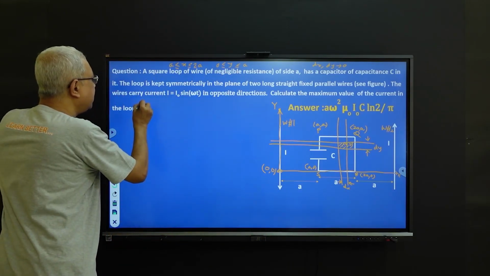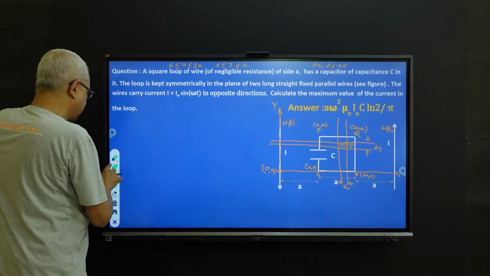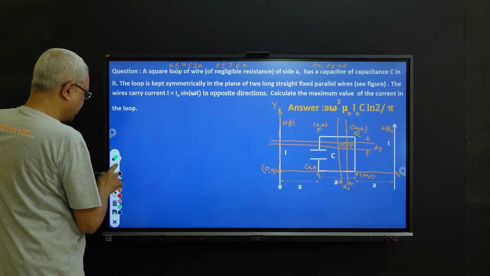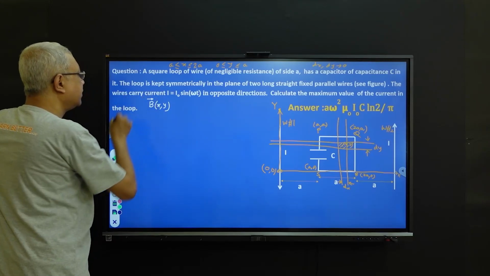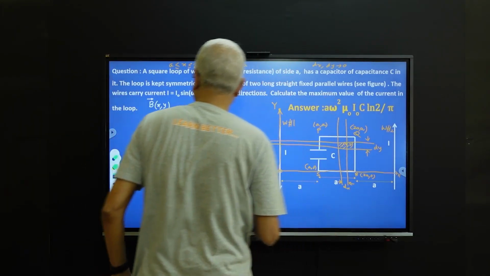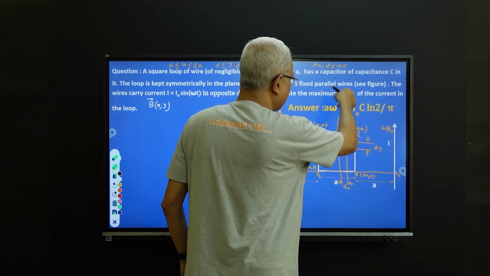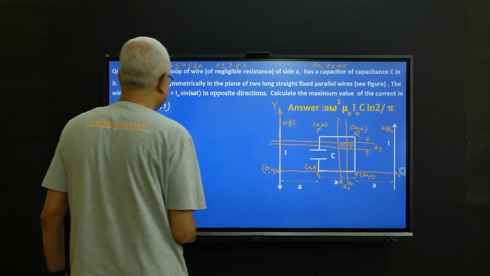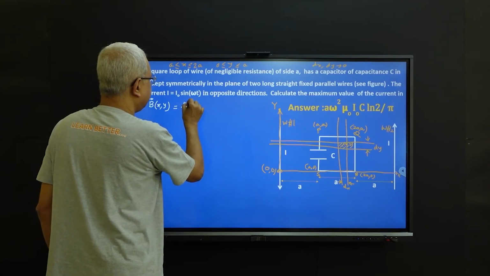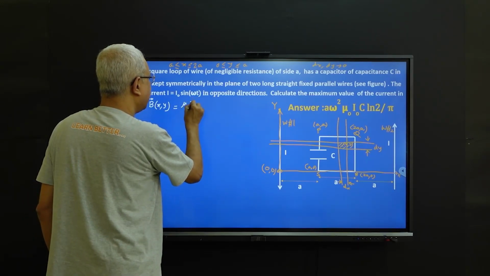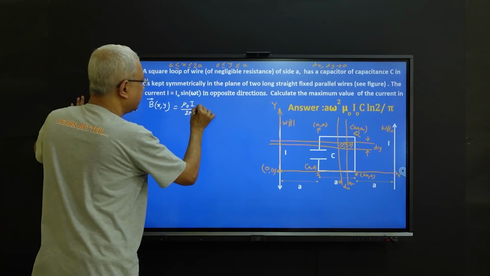Now what is the magnetic field B at the point (x, y)? Let us calculate that. At this point it has no role of y, it only depends on the x coordinate of the point, and it is simply mu naught I by 2 pi x z cap.